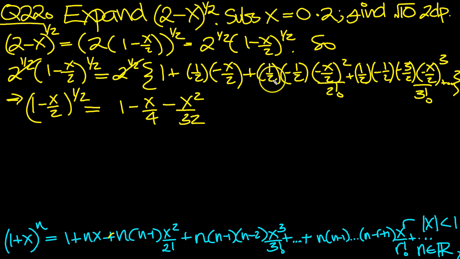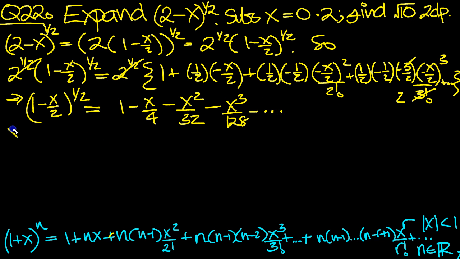There's 2 here, 3, 4, 5. 2 to the 5, 32. Now we've got 1, 2, 3, 4, 5 minuses make a minus. This 3 here will cancel with the 3 to leave a 2. 2, 4, 8. There's 8 here. 8 8 is 64 times 2 is 128. Minus x cubed over 128. Hopefully that's a sufficient level of accuracy because we're only doing to 2dp.